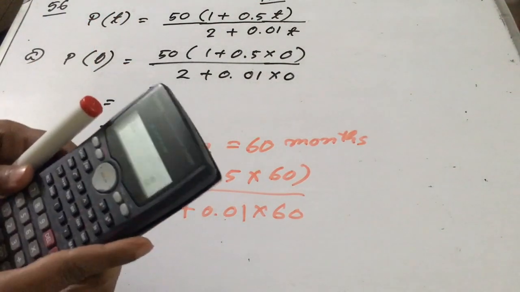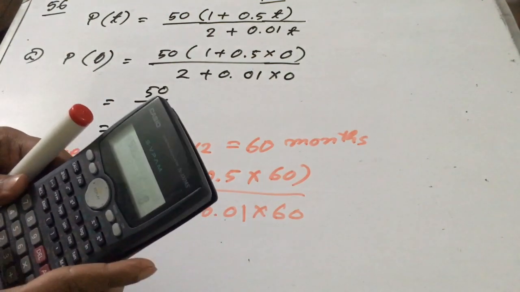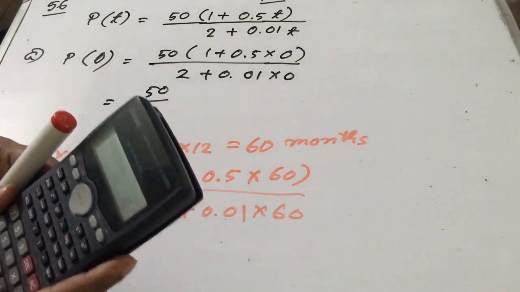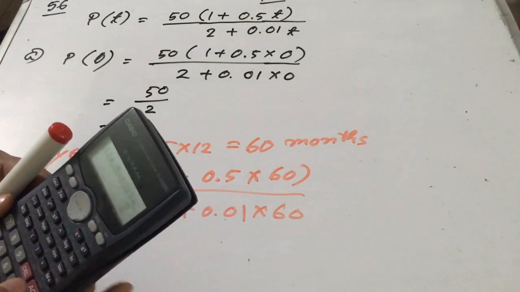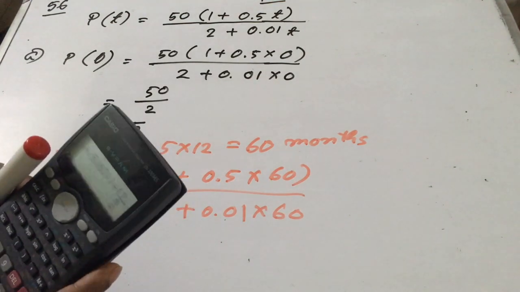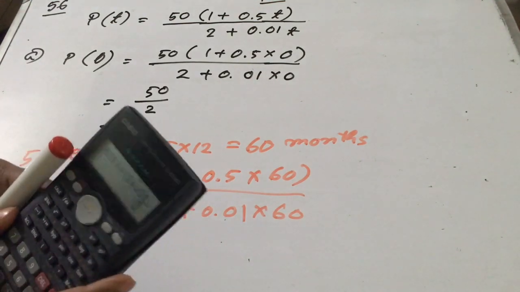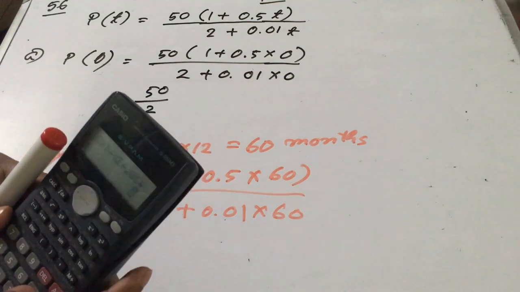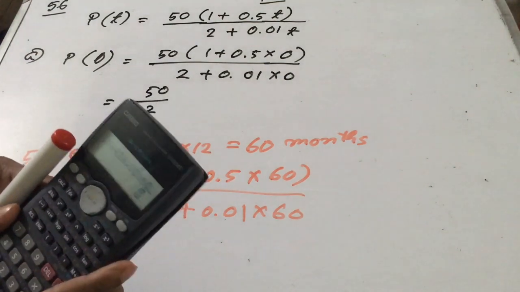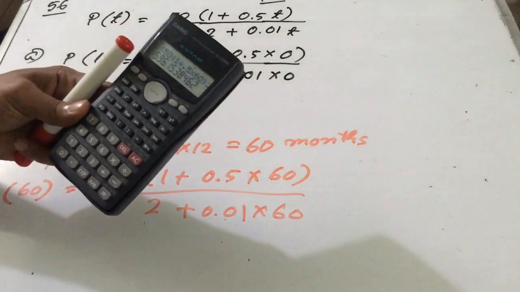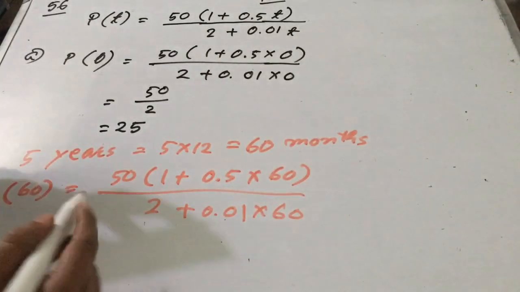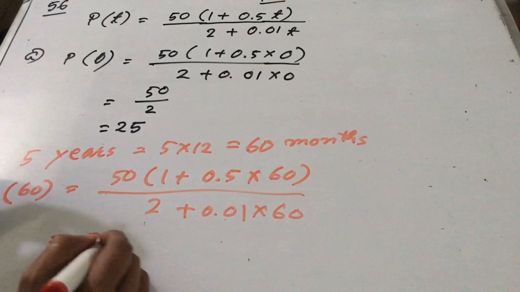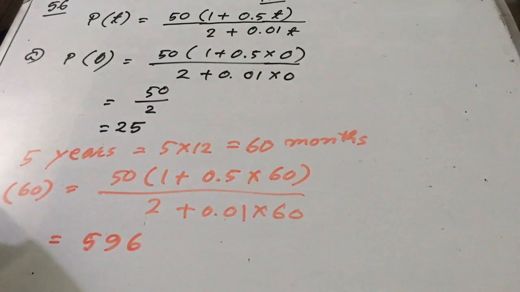Let's do it. 50, then bracket start, 1 plus 0.5 times 60, bracket close, again bracket close because I gave a bracket for 2 plus 0.01 times 60, bracket close, equals 596.15. So the answer will be 596. We do not have to write the decimal because insects cannot be decimal, that's why we have to round it off.